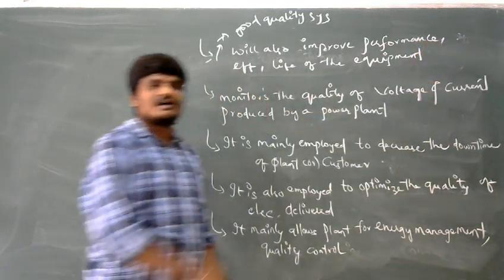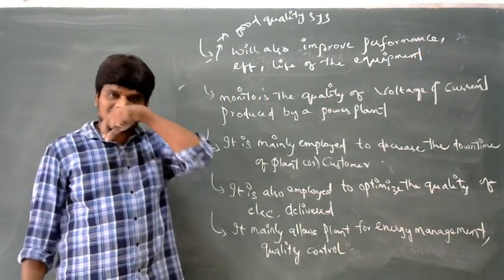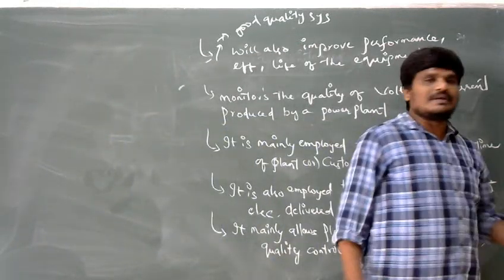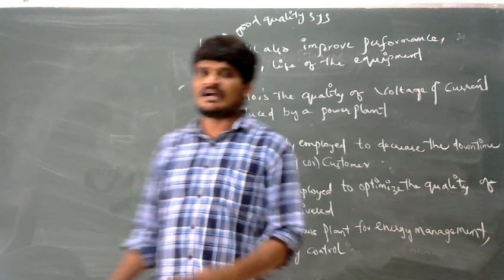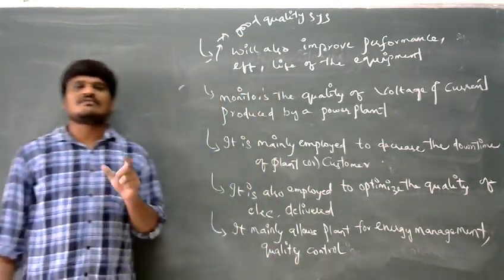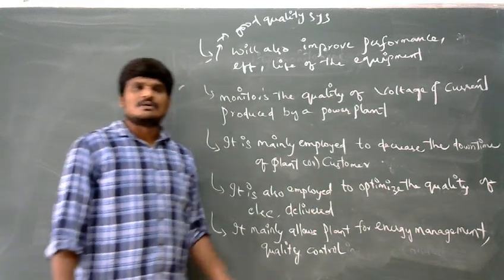So if we are monitoring the quality of the voltage and current which is produced by the power plant, we can indirectly increase efficiency, which in turn increases the life of the power generating equipment.